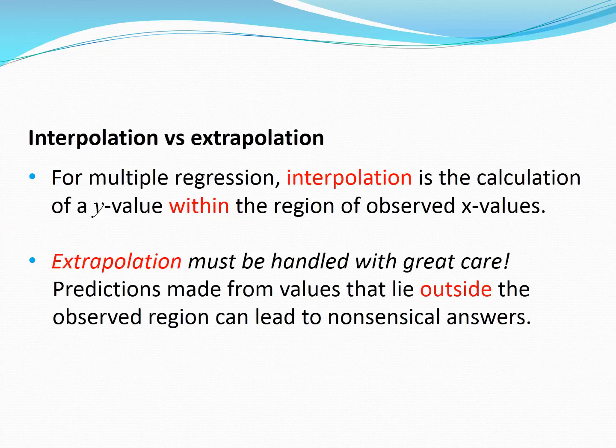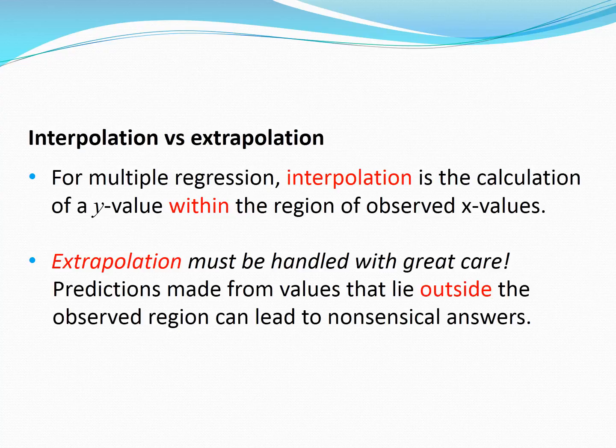With predictions, we must distinguish between interpolation and extrapolation. For multiple regression, interpolation is the calculation of the y value within the region of the observed x values. But if the values that we substitute are outside of the region of observed x values, then we call that extrapolation.